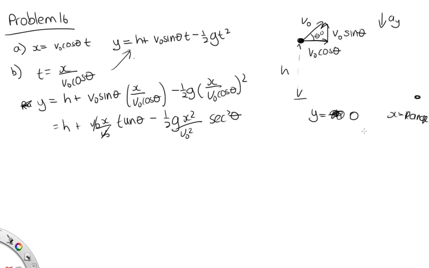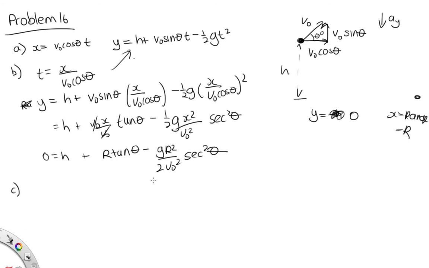So let's let the range equal capital R. Okay, so we've got 0 is equal to h plus r tan theta minus g r squared over 2 v naught squared sec squared theta. And that is actually the equation that we were asked to derive.